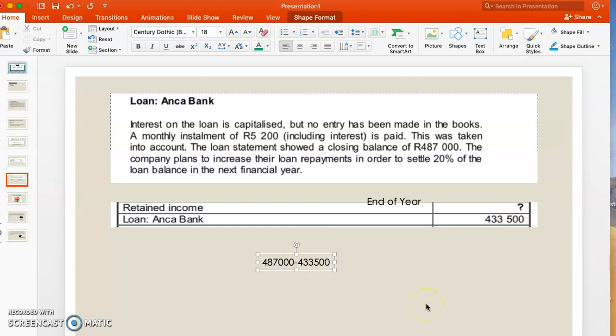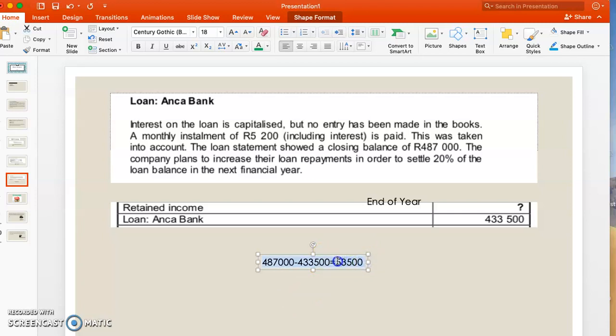Remember, what does capitalization mean? It means that the interest was added to the loan. Interest was added to this amount to give us this amount. So if we subtract them, that is your interest expense.